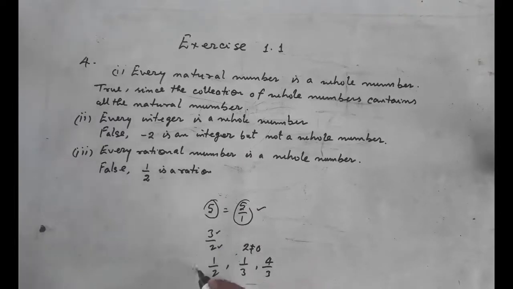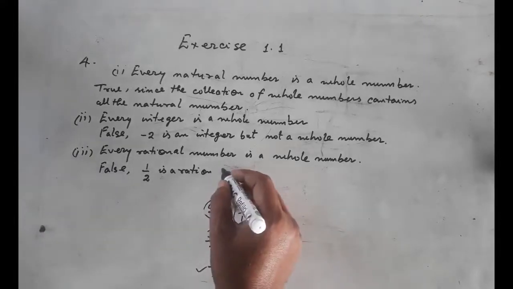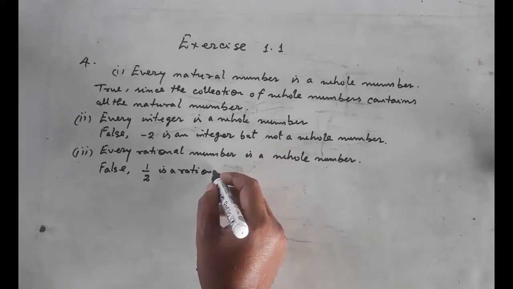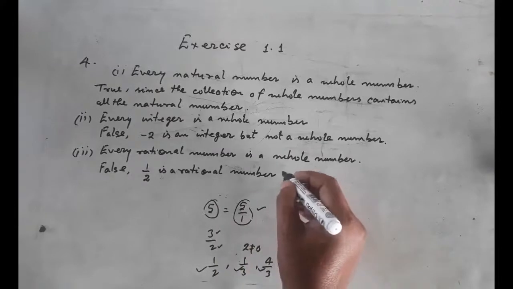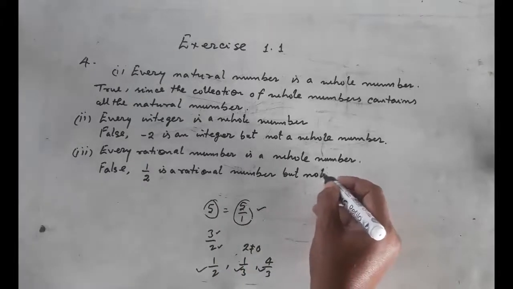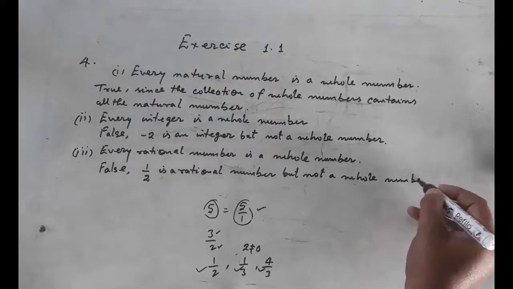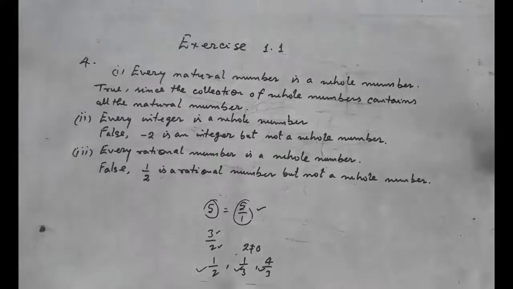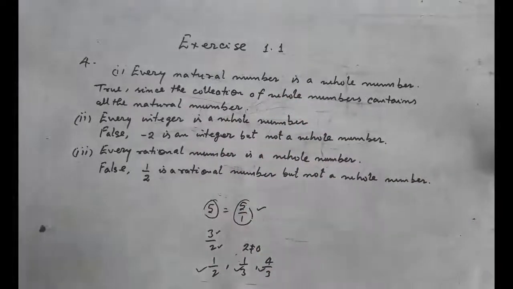All these numbers are rational numbers, but they are not whole numbers. 1 by 2 is a rational number, but not a whole number. Now we can easily see what is a natural number, what is a whole number, what is a rational number, and we complete your exercise 1.1. You also complete it. Thank you.